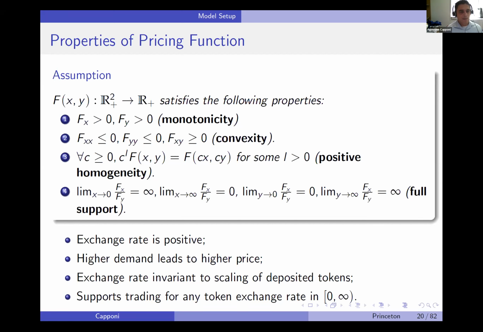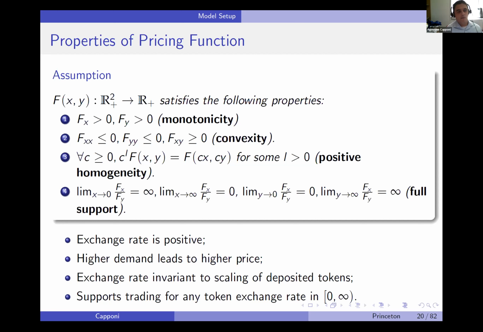The third property is a kind of positive homogeneity property that we are familiar with, for those of us who have studied risk measures or coherent risk measures. It comes up as a defining characteristic of this pricing function. I need it to obtain the result, but it also carries a natural economic interpretation: the exchange rate must be invariant to the scaling of the tokens that you are depositing.